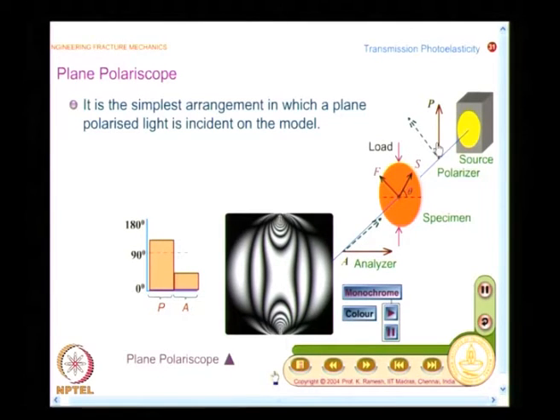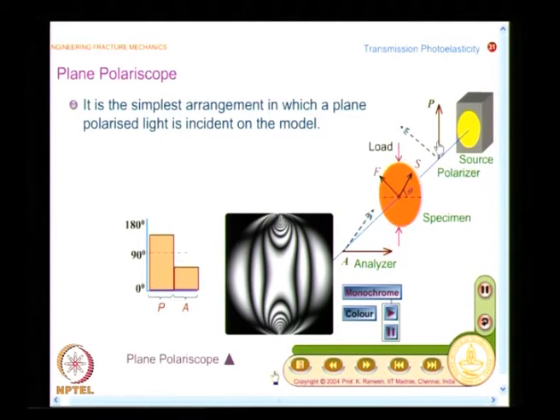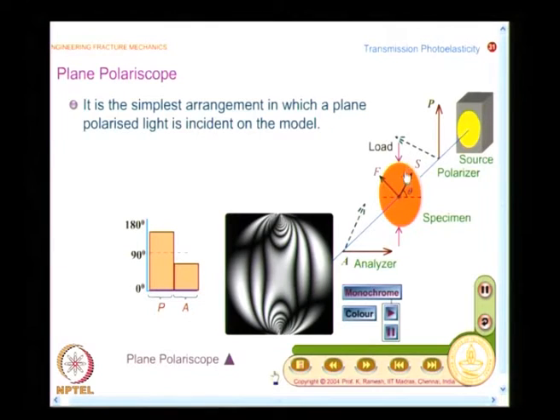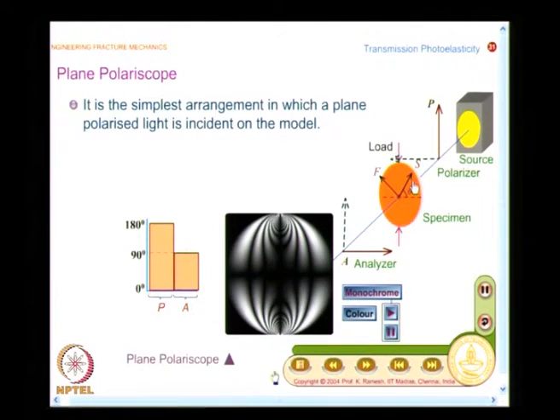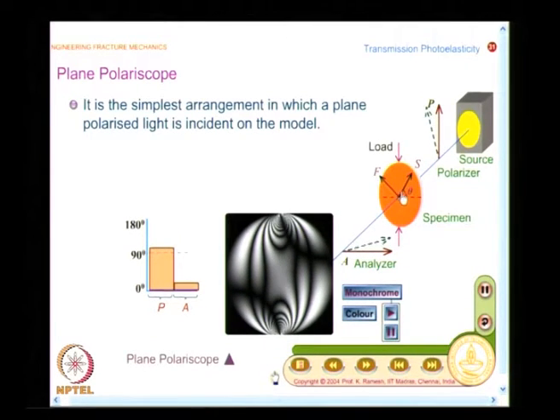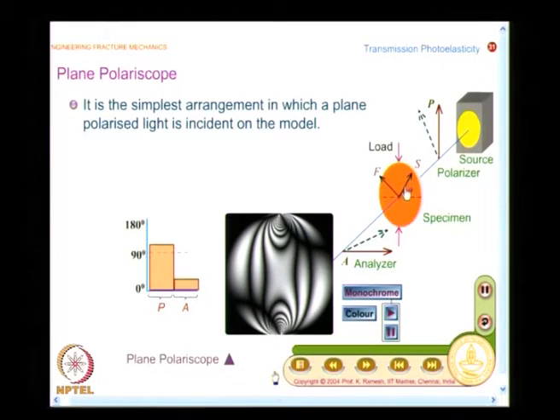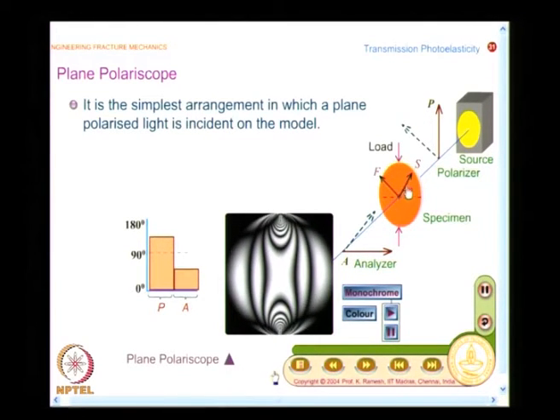We had this polarizer, and after the polarizer you get plane polarized light which hits the model. When it hits the model, we look at the entry plane and exit plane. On the exit plane, the model introduces a retardation which is indicative of the stresses developed at the point of interest.